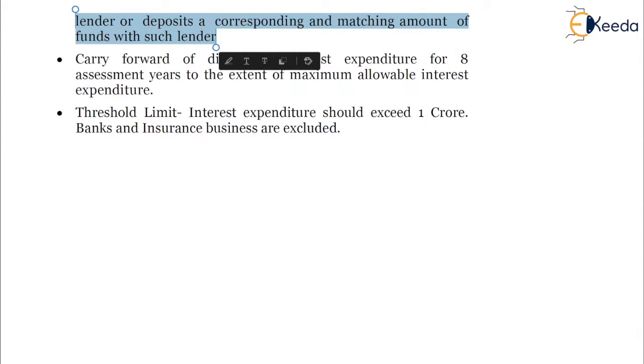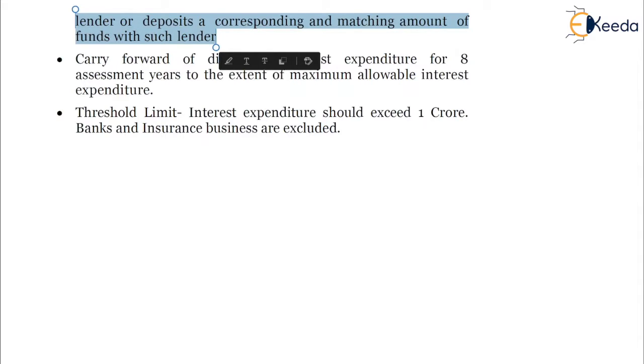Either you are providing a guarantee or you are depositing funds, a matching amount deposited with the lender. Indirectly, funds are provided by the associated enterprise only, but through a different entity.